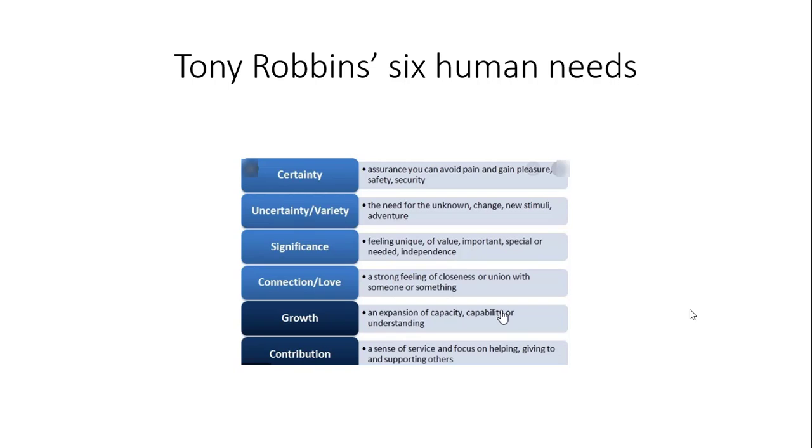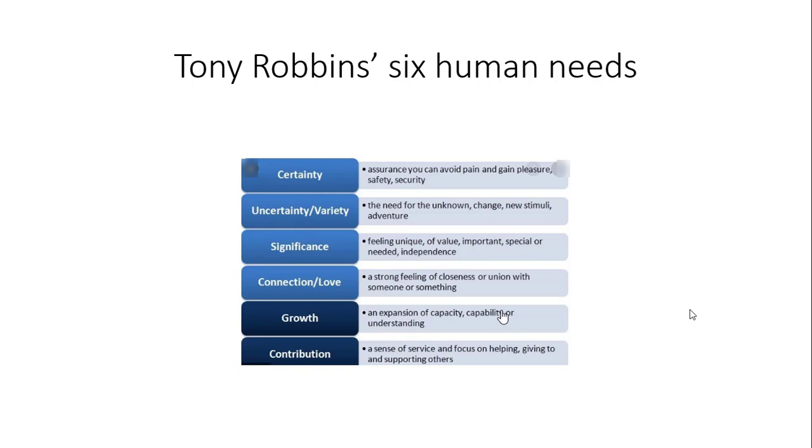Some people think certainty is number one, and most of them just have a secure job. That's totally okay. And other people have uncertainty as number one. Then this guy is always changing, always going for another adventure.